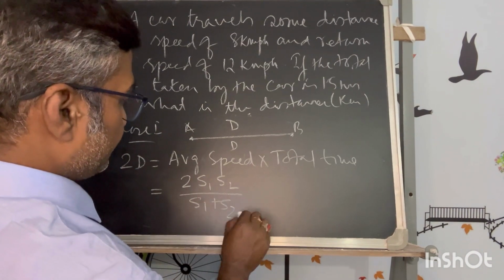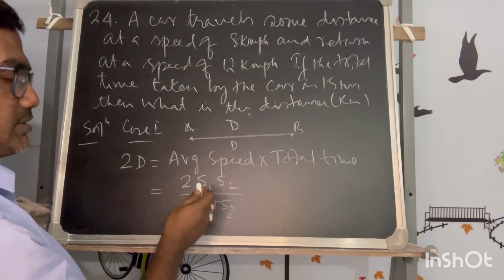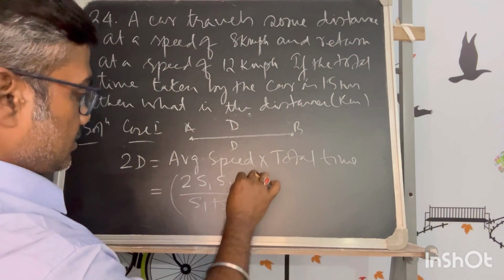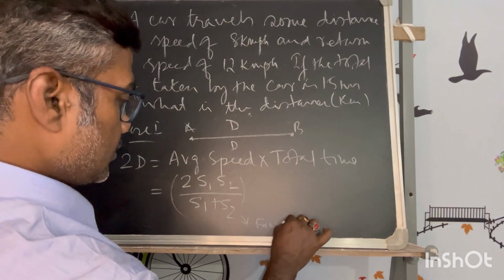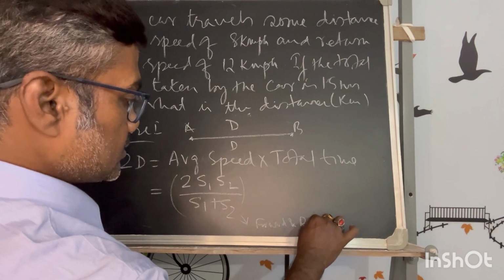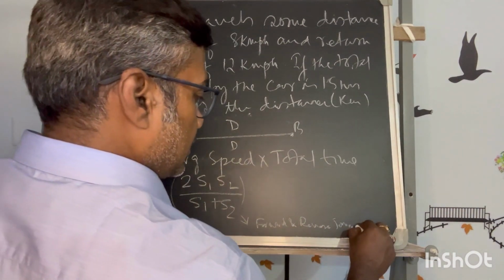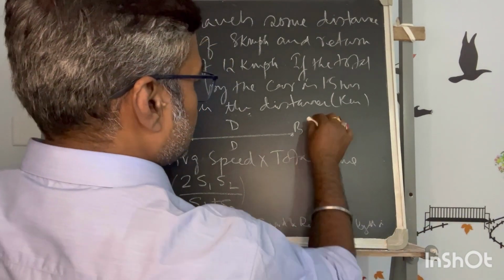This is the formula for where the forward journey and reverse journey length is the same. This is a specific case where the forward and reverse journey length is the same. How do you do that? Let me prove it.